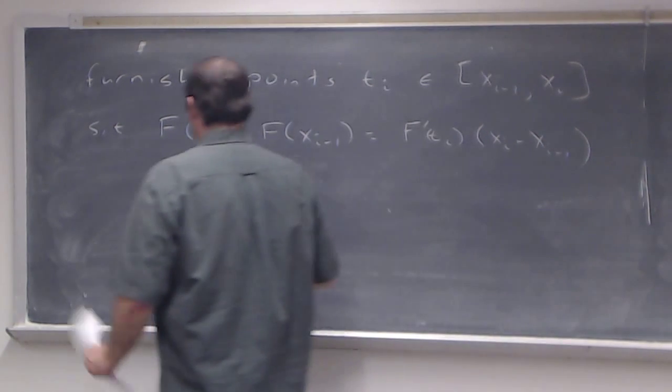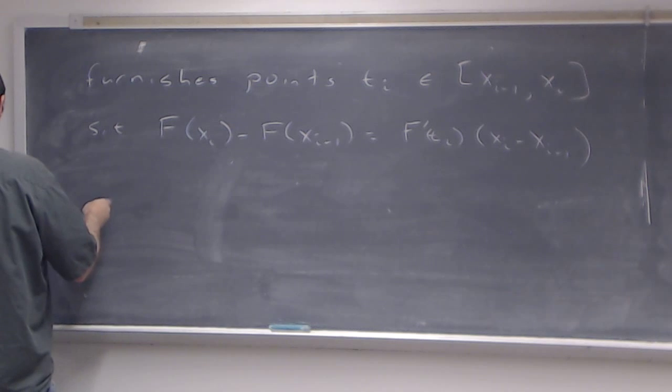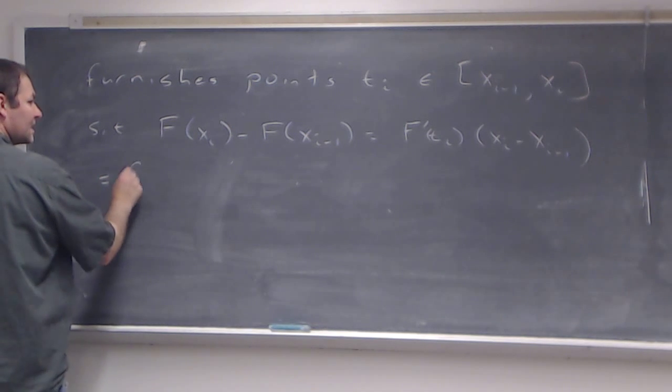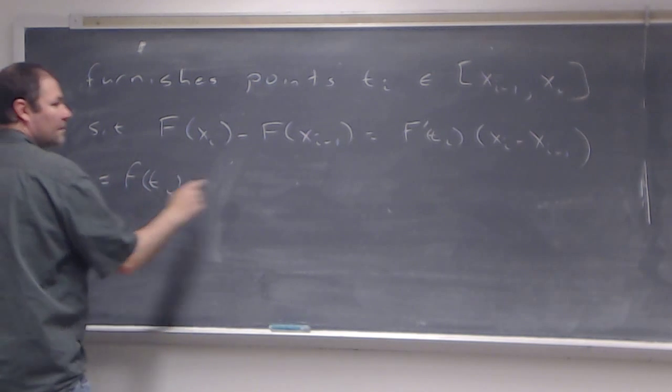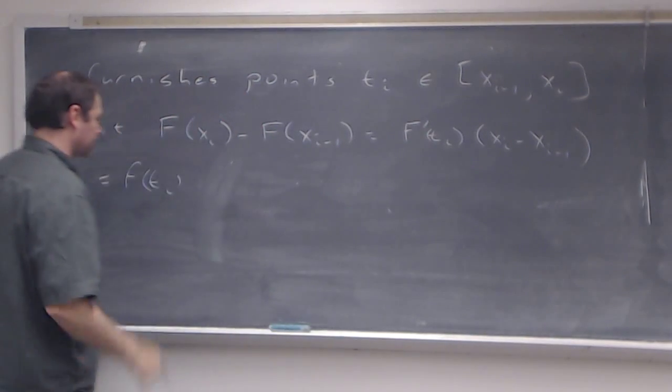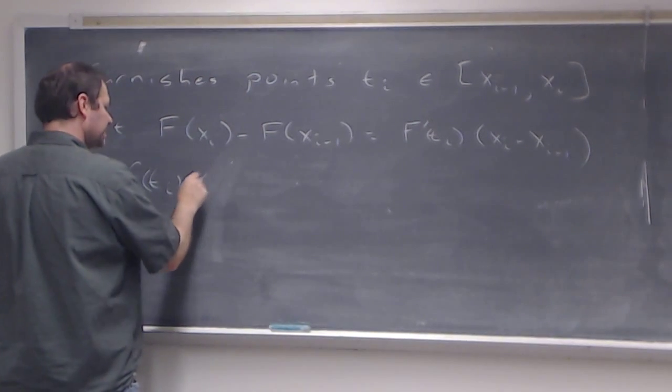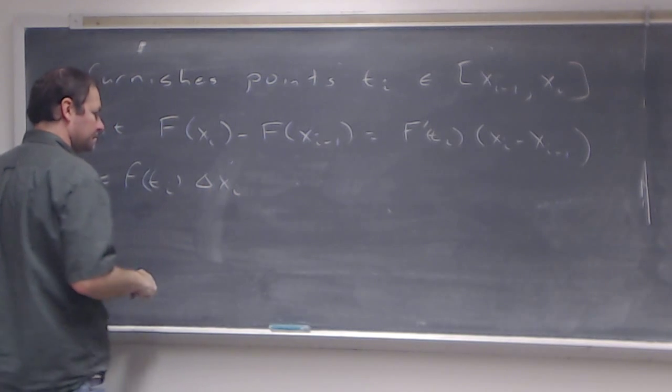All right, but that's equal to little f evaluated at t sub i, because big F prime is equal to little f, and then this is times delta x sub i.